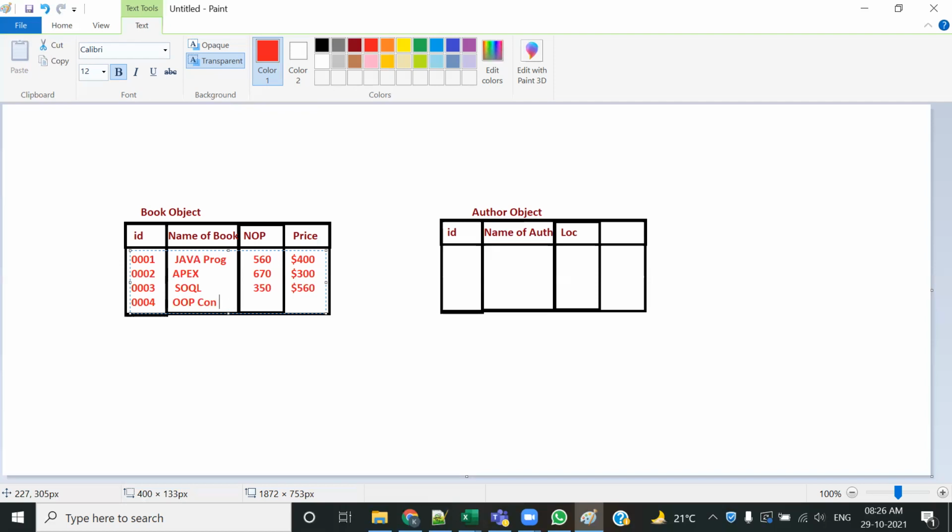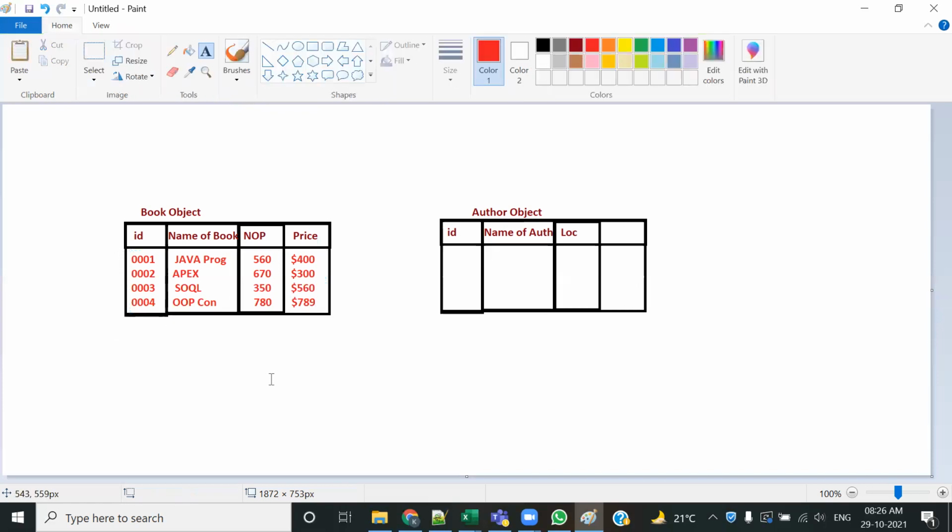Okay, alternate programming concepts. And the number of pages is approximately like 780 pages. And the unit price is probably $1, like this. Okay. So I created a few of the records inside this book object.